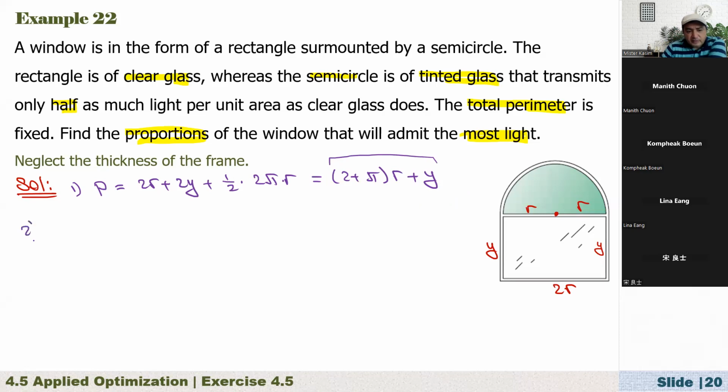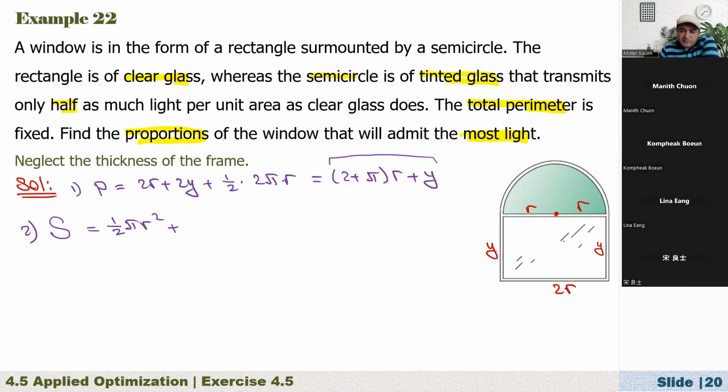The second thing is, let me label the amount of light that is passing through this window. How much light is passing through the upper part, that is just a semicircle? That is 1 over 2 times pi times R squared. Then how about the amount of light passing through this clear glass?